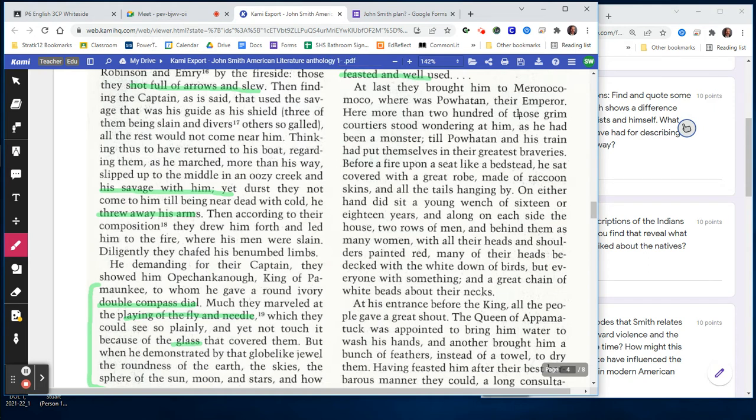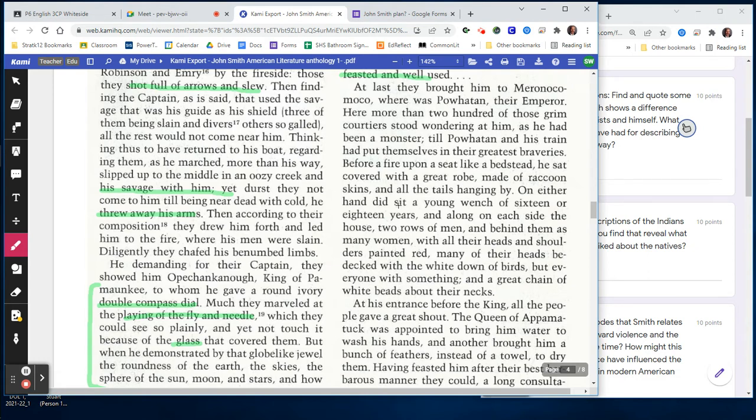Here more than 200 of those grim courtiers stood wondering at him, as he had been a monster, till Powhatan and his train had put themselves in their greatest braveries. Before a fire upon a seat like a bedstead, he sat covered with a great robe made of raccoon skins, and all the tails hanging by.